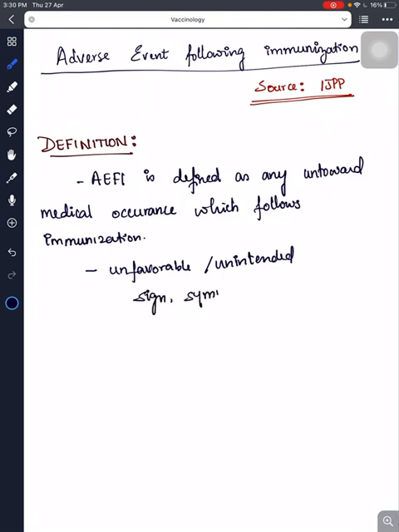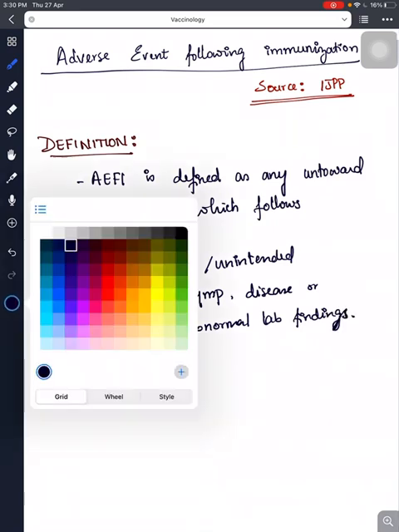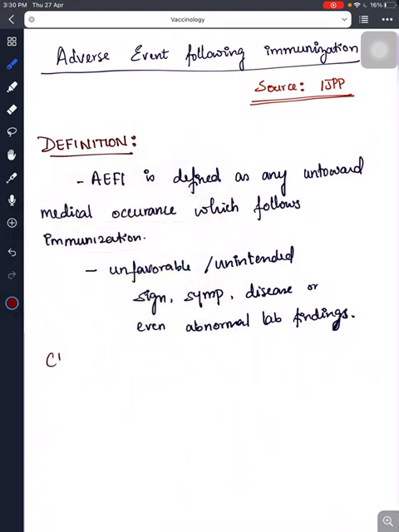This can be an unfavorable or unintended sign, symptom, disease, or even a lab finding, any abnormal lab finding. Okay, this is the definition of AEFI.